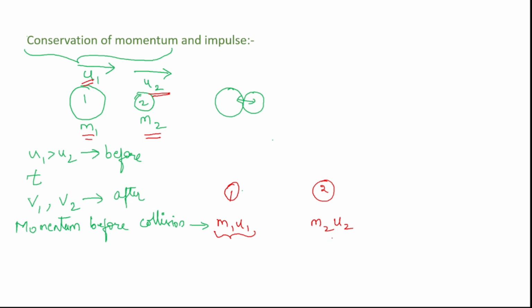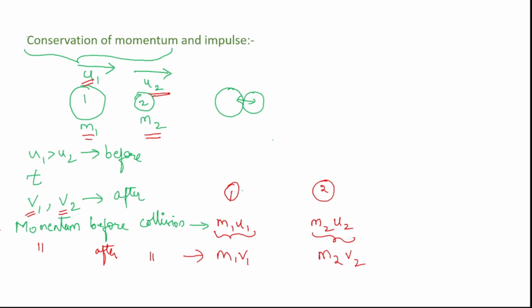So m1 u1 and m2 u2 before collision. Let us write momentum after collision. It will be m1 v1 and m2 v2, right? The velocities after the collision are v1 and v2, so m1 v1 and m2 v2.